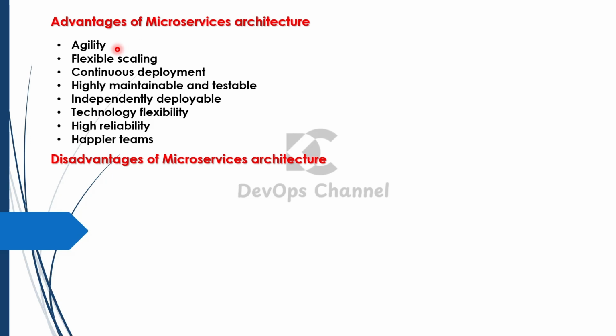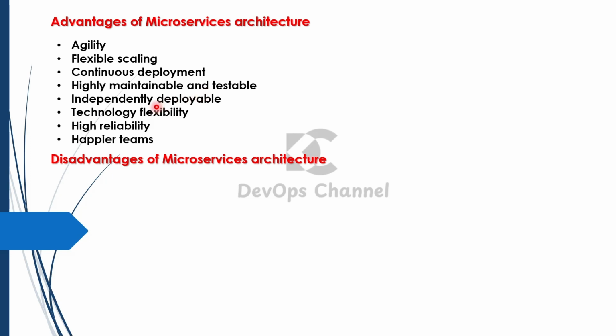Now you have flexible scaling, so if you want to scale any particular service you can do that. They also provide the feature of continuous deployment, so whichever microservice you are handling, you can redeploy it. They are also highly maintainable and testable.